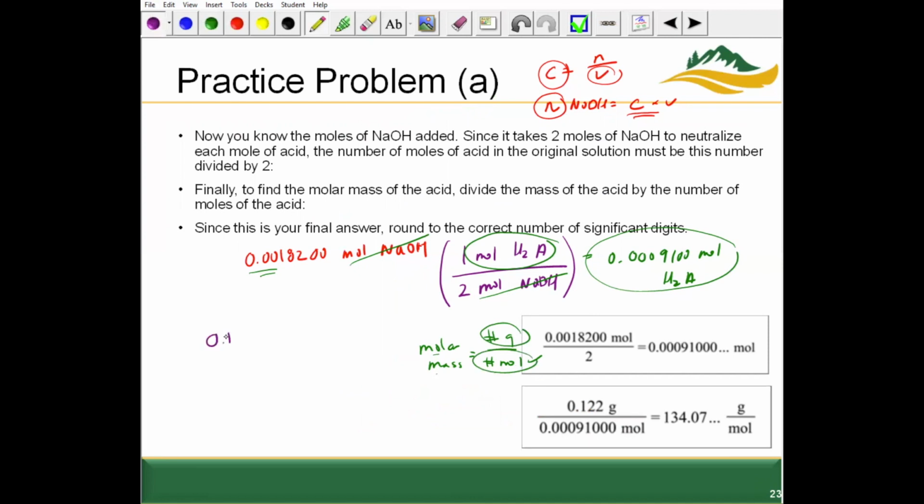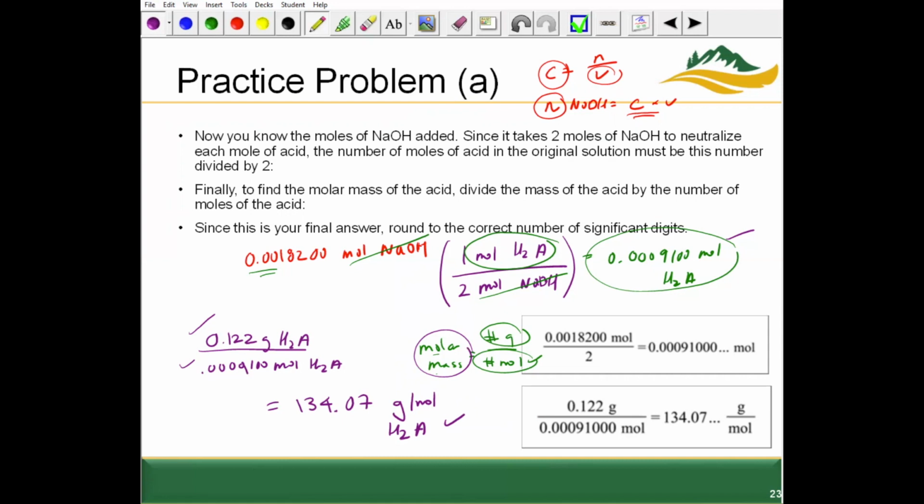Molar mass, again, is the number of grams divided by the number of moles. So there are 0.122 grams of our unknown acid divided by this many moles of our unknown acid. This ratio of a gram amount to a mole amount is going to give us our molar mass. So that comes out to about 134.07 grams per mole of our unknown acid.